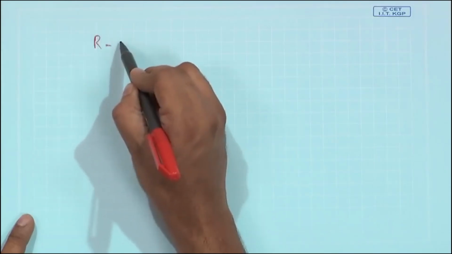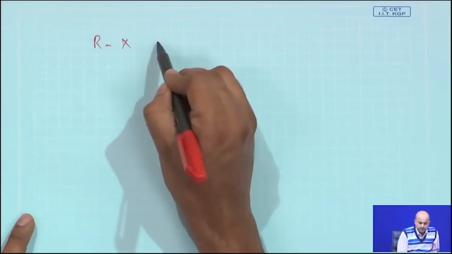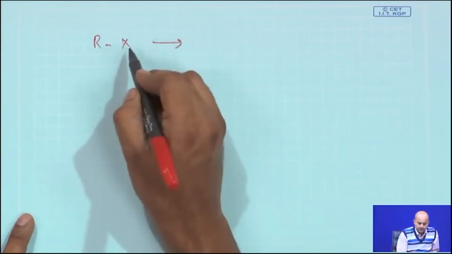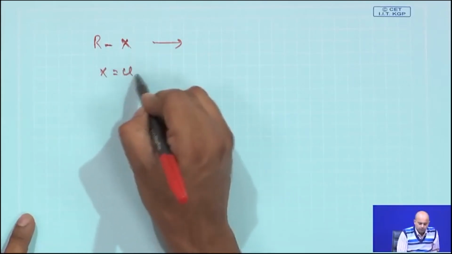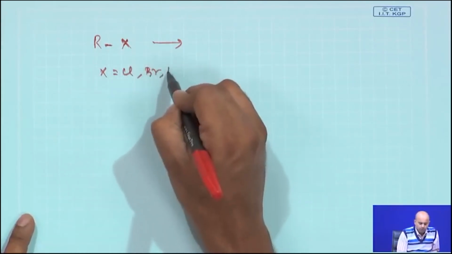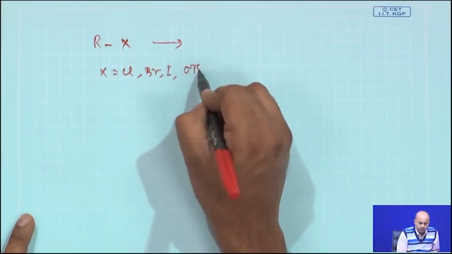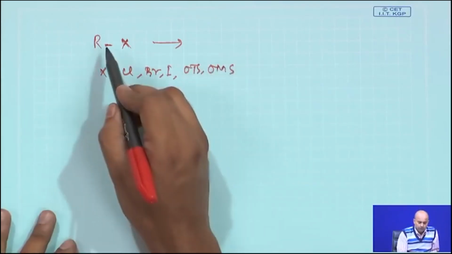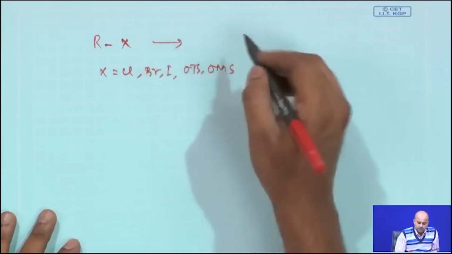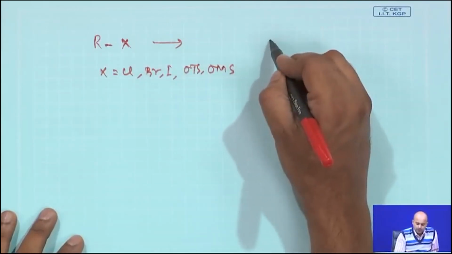The other functional group transformation, which we just said, is basically an extension of these. If you have an RX, now X could be anything: chloro, bromo, iodo, tosylate, mesylate. In this case also, you can do this carbon-heteroatom bond cleavage in different ways.